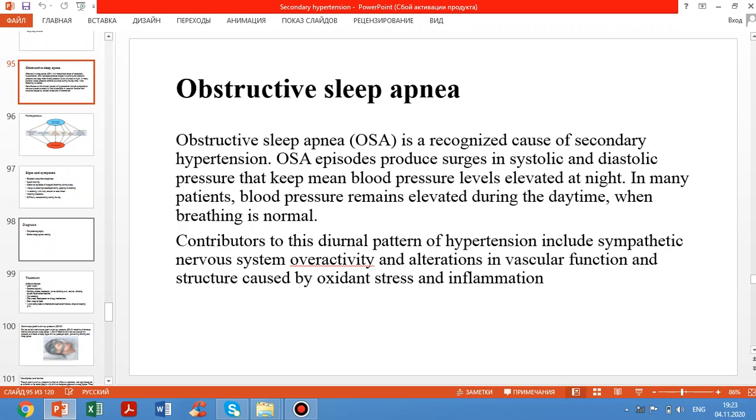In many patients, blood pressure remains elevated during the daytime when breathing is normal. Contributors to this diurnal pattern of hypertension include sympathetic nervous system overactivity and alteration in vascular function and structure caused by oxidant stress and inflammation.